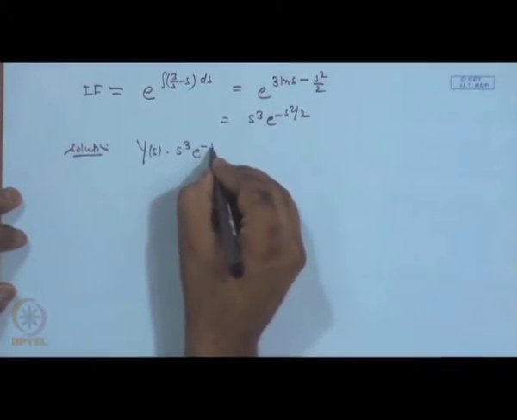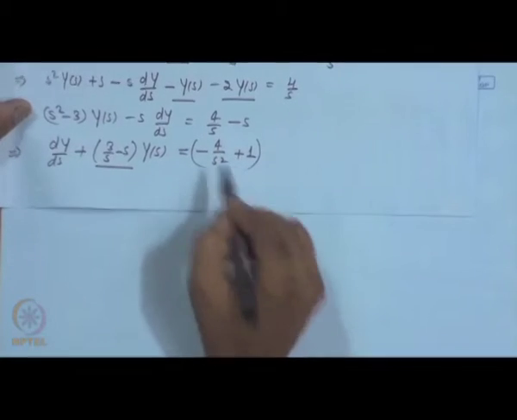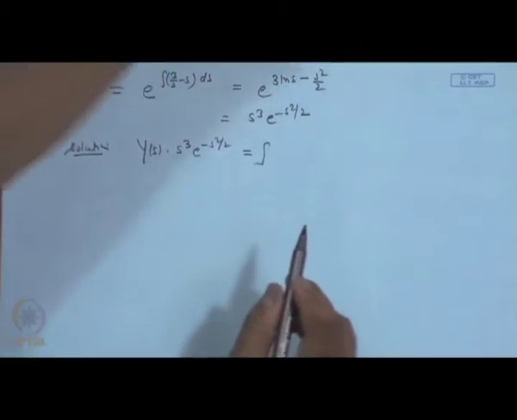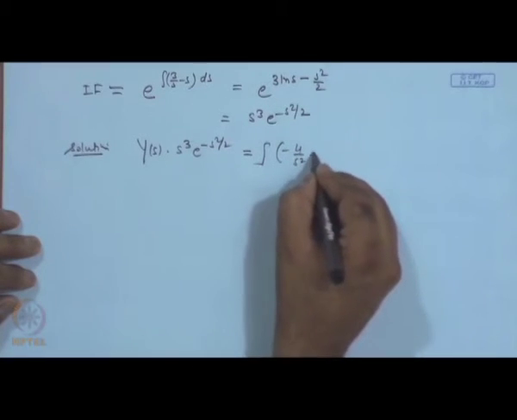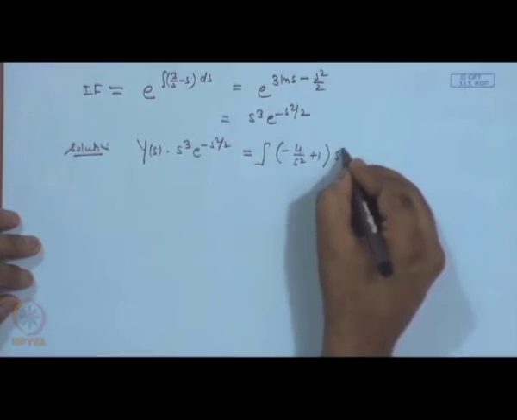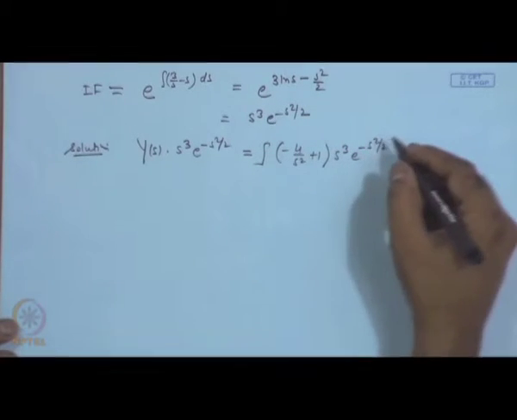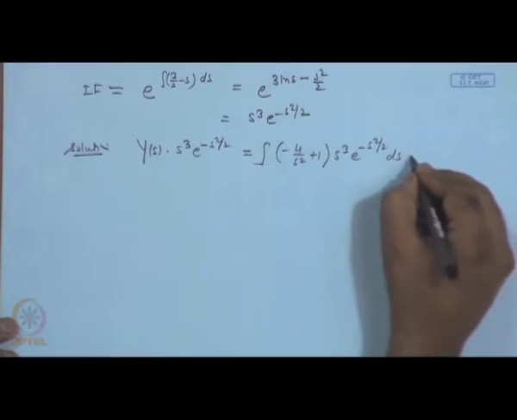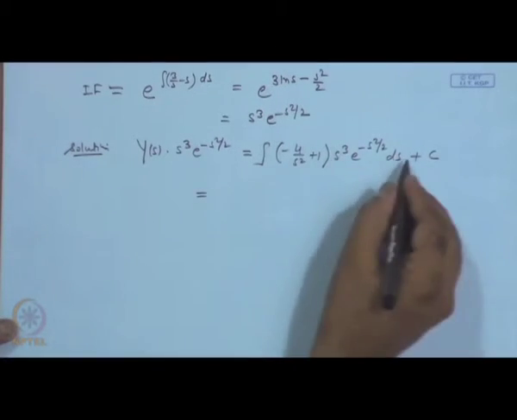So, the solution of that ordinary differential equation in y s will be s cube y s times this integrating factor e minus s square by 2, equals the integral of the right hand side that we have here, minus 4 over s square plus 1, times this integrating factor e minus s square by 2, ds, and a constant of integration. So, we integrate this.